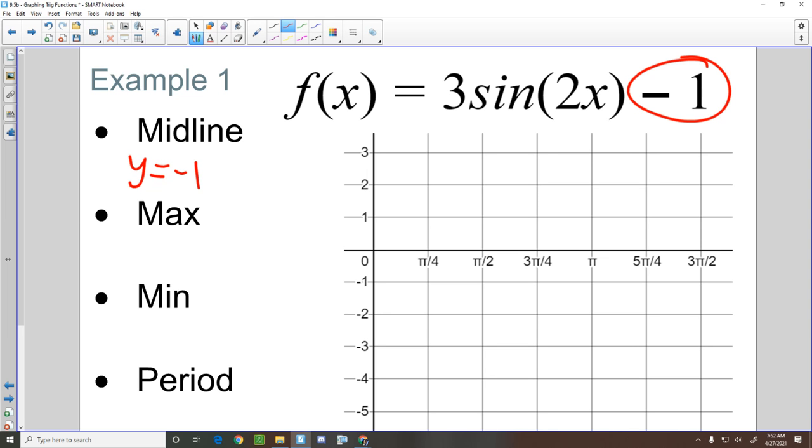You're going to go to that number on the y-axis on your graph, and you're going to draw a horizontal dashed line because it's not actually part of your graph. It's just a guideline for us. Go to -1 on the y-axis, and draw a dashed line there. Because that's our midline. That is the middle of the wave at -1.